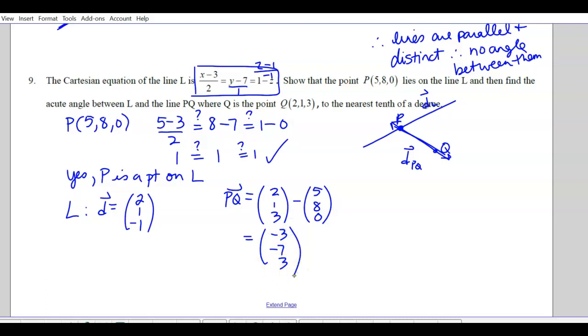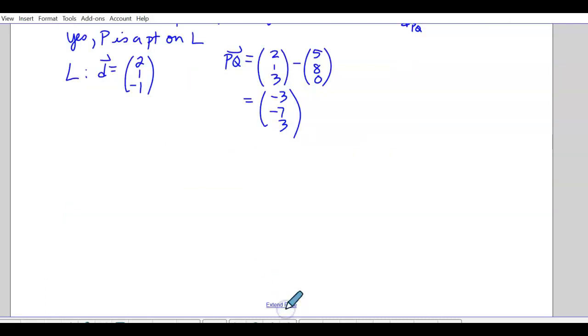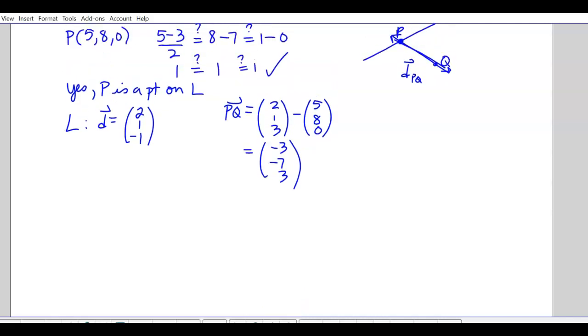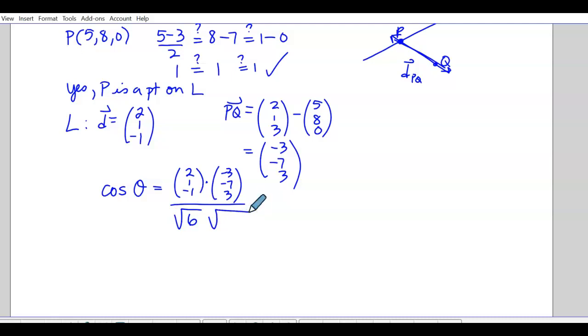Okay, and now find the angle between those. So cos theta equals (2, 1, negative 1) dot product (negative 3, negative 7, 3), over the magnitudes: 4 plus 1 plus 1 is 6, and 9 plus 49 plus 9 is 67, square rooted.